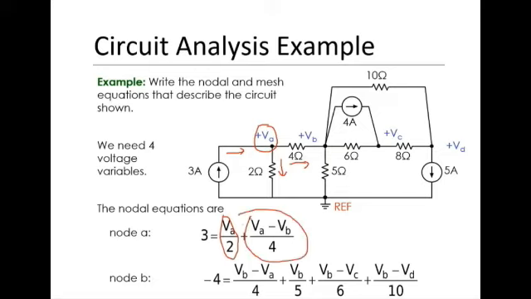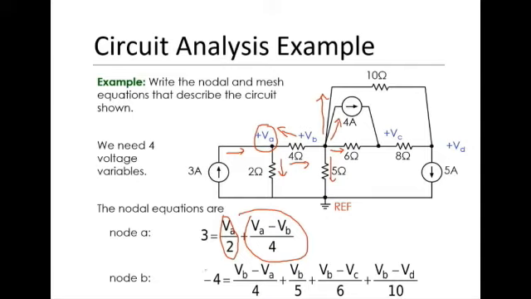For node B, assume that the currents are going the opposite way, so going out, and you consider the current that is passing through this 100 ohm. You consider the current through this branch, and the current through this branch. So this is negative 4 since it's going away. You just transpose it.